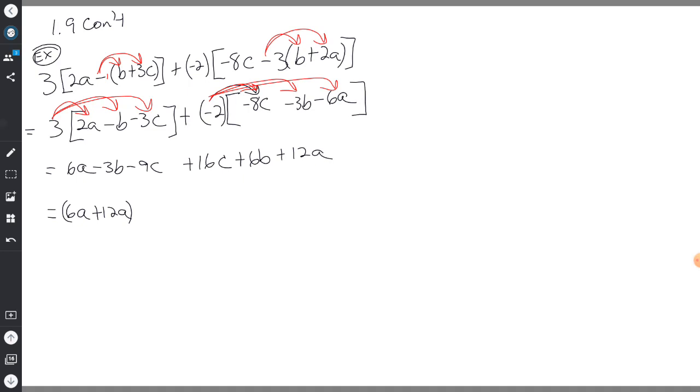Now we have minus 3b. We have another b. And the thing is that they're the same power, so we can combine them in that way. Now for c, minus 9c.